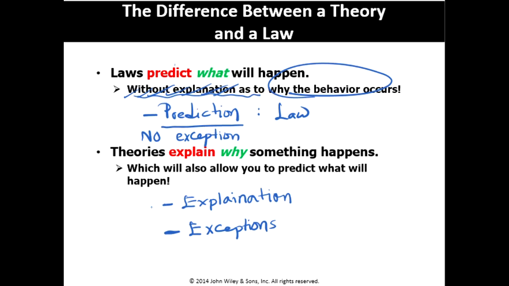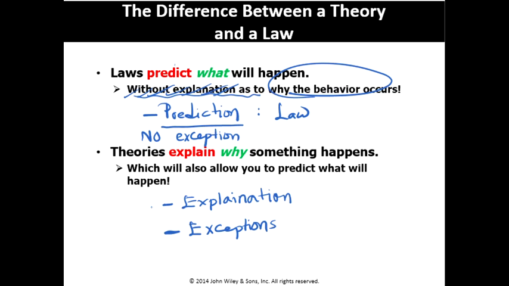Whenever I say that, we are talking about a prediction as well. So if I discover a new metal, it must be a solid. But I may say all metals are solid at room temperature except mercury. I'm talking about one exception.